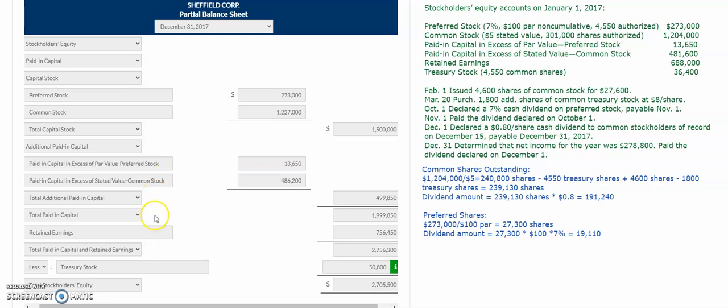Then we need to include our amount from retained earnings, and that's the reason why we need to update our retained earnings to get our total paid-in capital and retained earnings. Treasury stock is subtracted at the very bottom of this partial balance sheet in order to get to our total stockholders' equity.